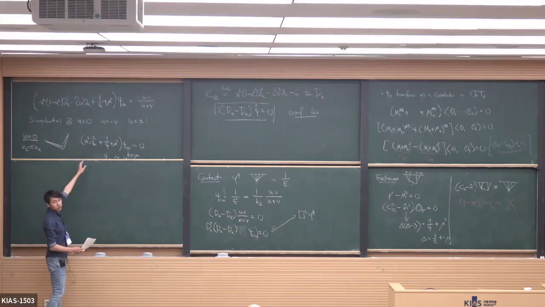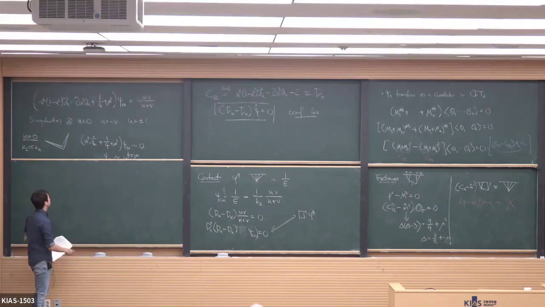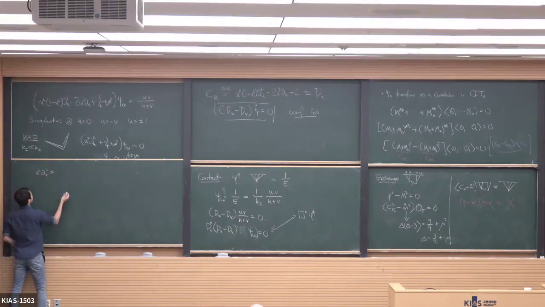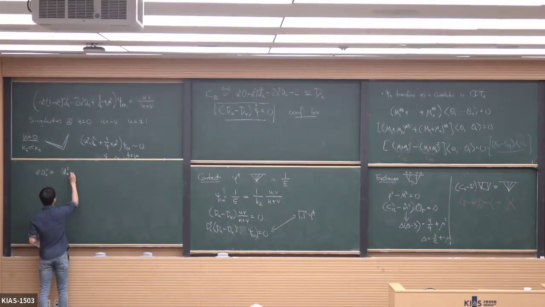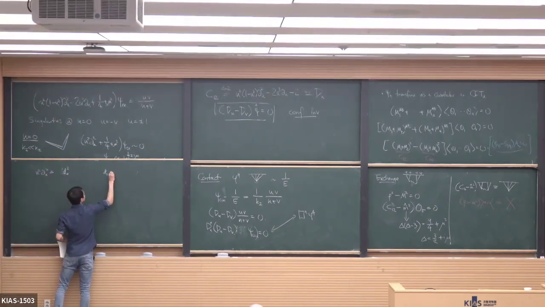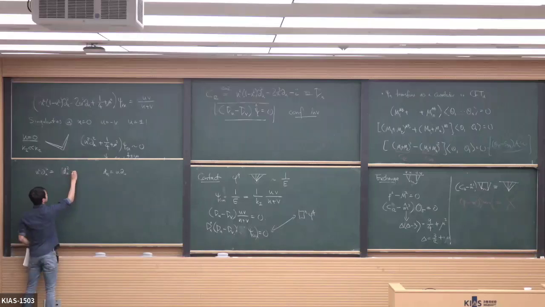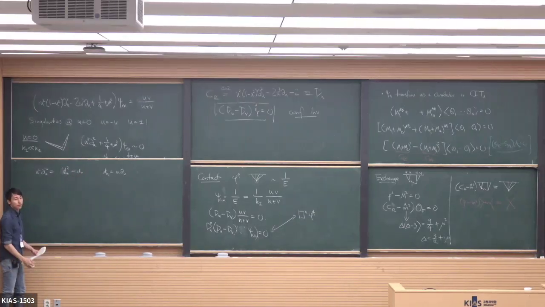Basically this extracts the scaling dimension of psi exchange. You can write this as some scaling operator, du squared. If you define du as some scaling operator, it's going to be minus something like that.